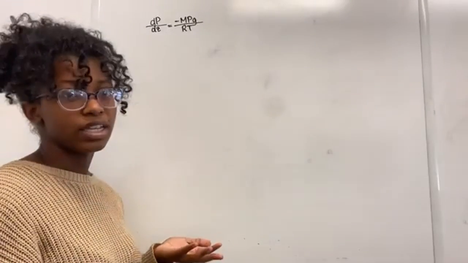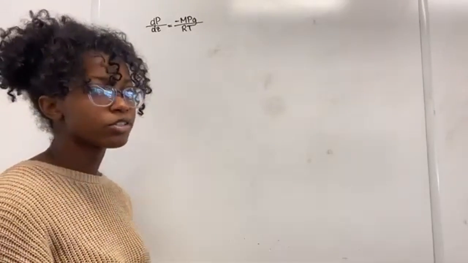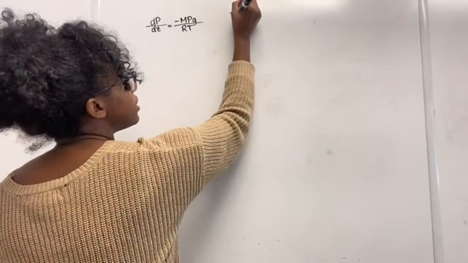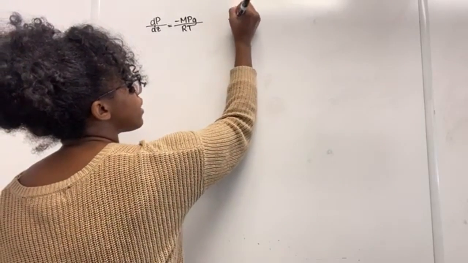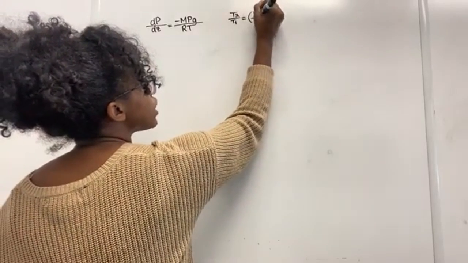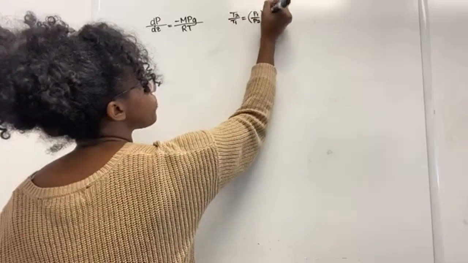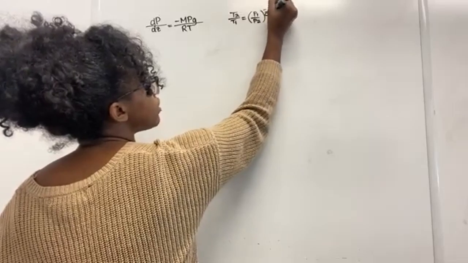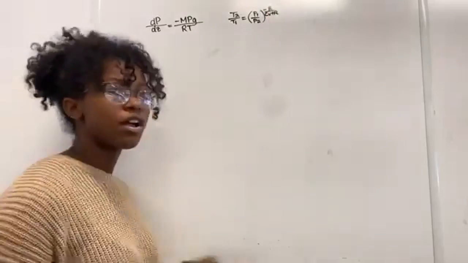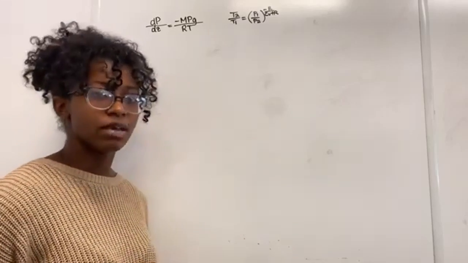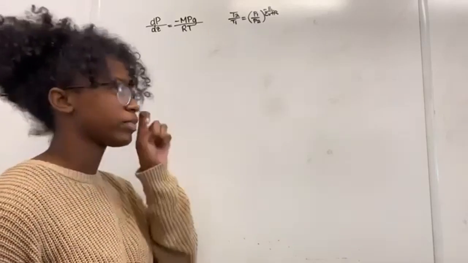And then we know that our pressure temperature equation was the second temperature divided by the first is equal to the first pressure divided by the second to a power of negative R divided by CV plus R, where R is the ideal gas constant and CV is the specific heat capacity at a constant volume.